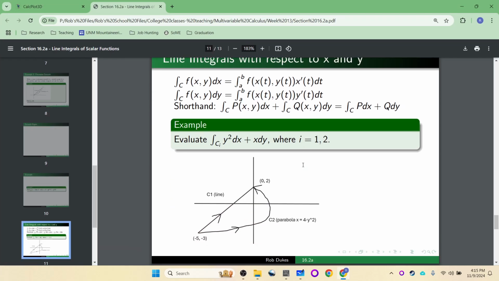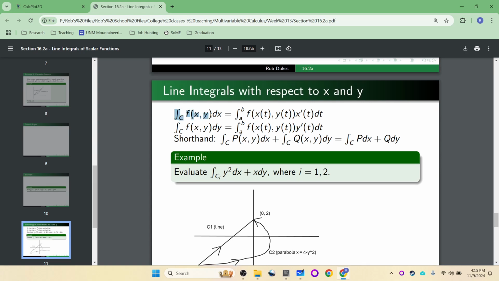All right. Now, sometimes the line integrals are given with respect to x and y instead of s. And so we have some notation here. If you see it written as f of xy dx, well, same as before.